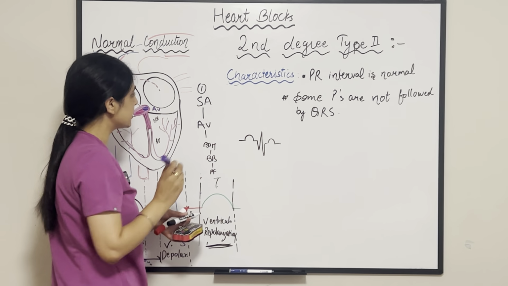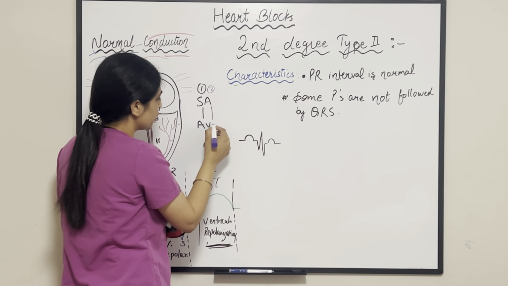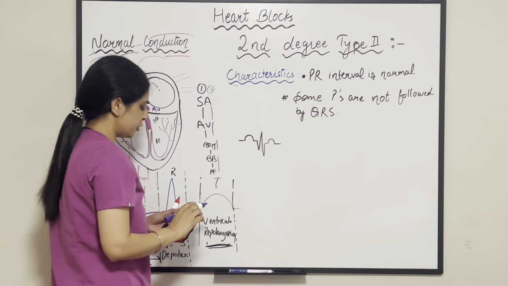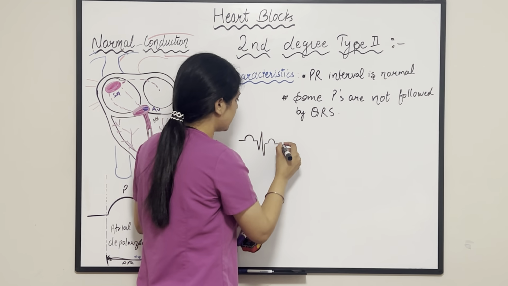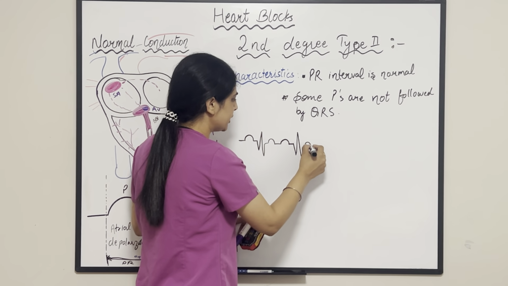The second impulse follows the same route, forming a normal PR interval, normal QRS and T wave.